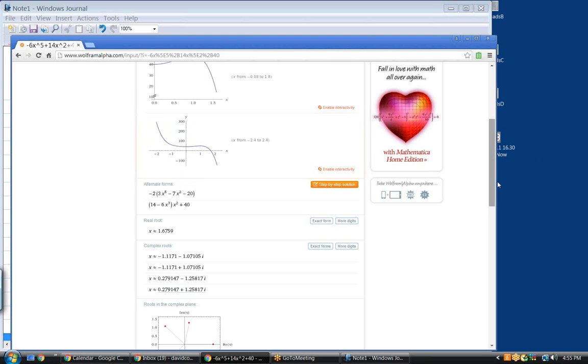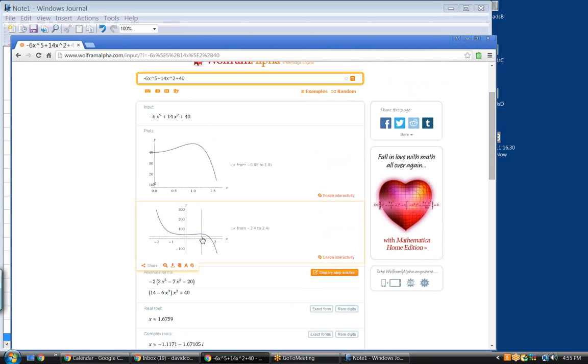Well, if we look at this part of the graph, closer, right here, we can see that it appears to be increasing from 0 to 1. And indeed it is, I suspect, increasing from 0 to 1 precisely.